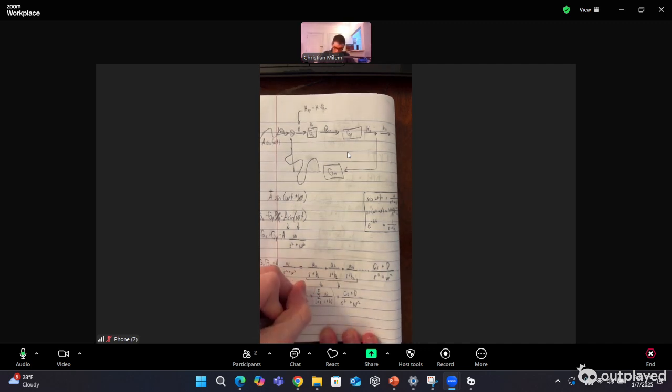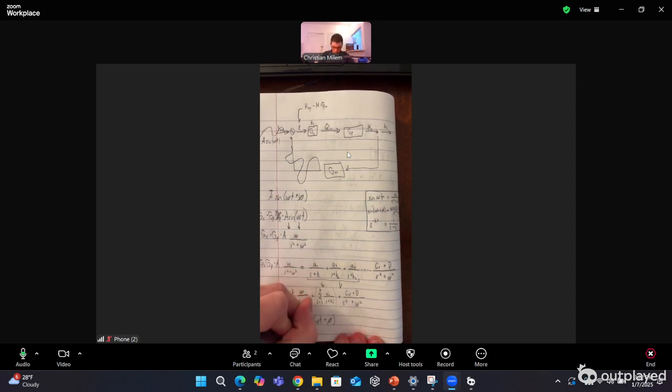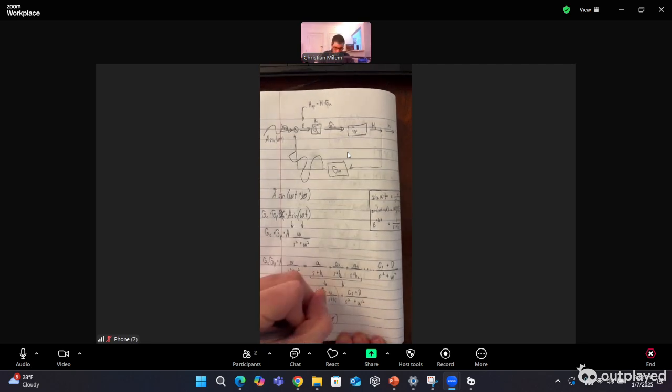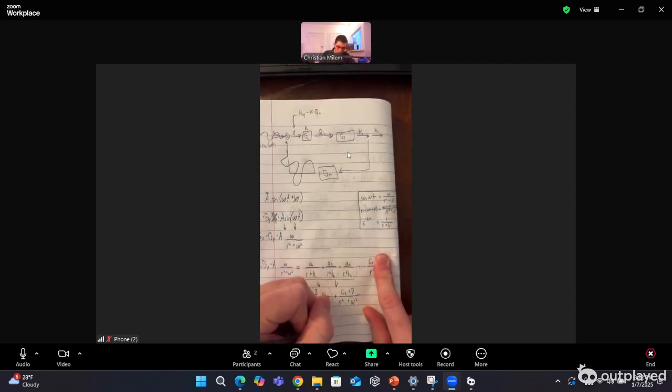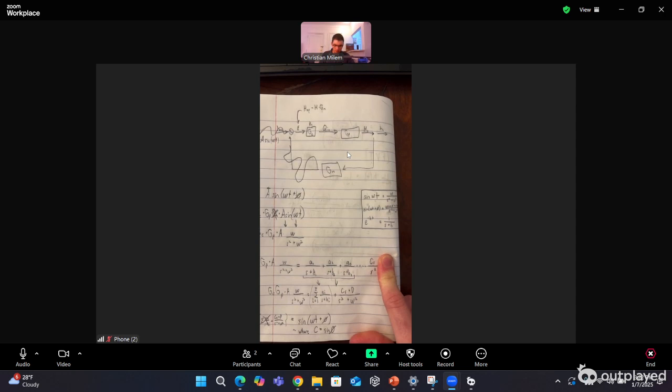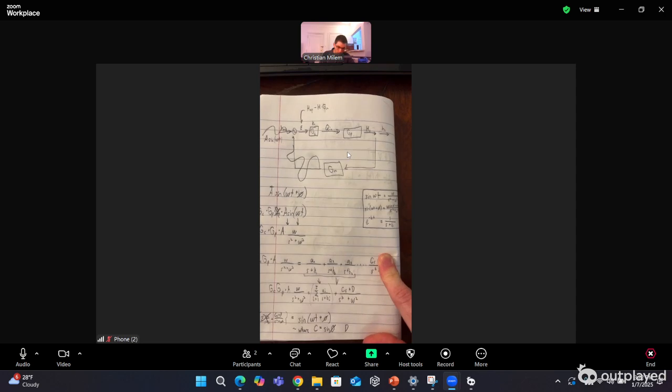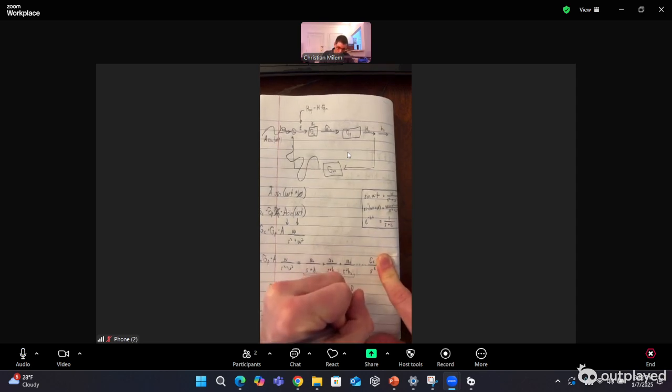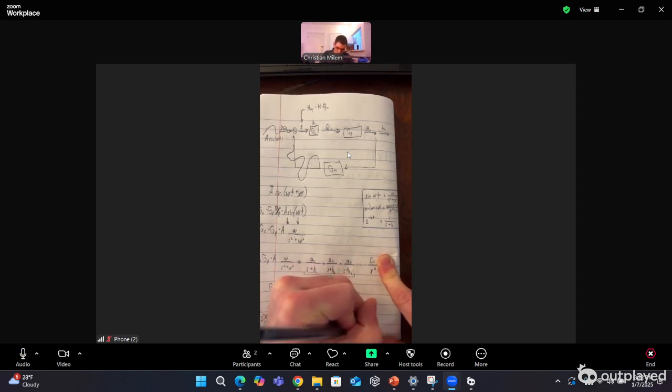So that would equal sine omega t plus, and this is where C would equal, what is it, sine phi, I think, and then D would equal omega cosine phi.